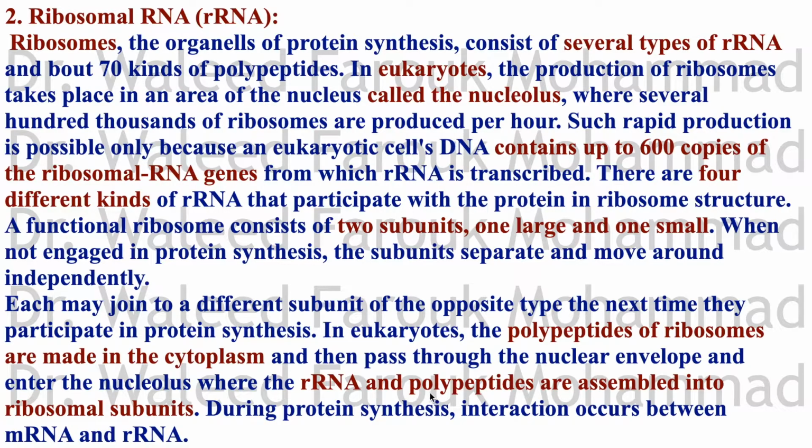So this happens in the nucleolus, but the polypeptides are made in the cytoplasm. Please pay attention to this. They are carried inside the nucleus to the region of the nucleolus, where they are assembled into ribosomal subunits.